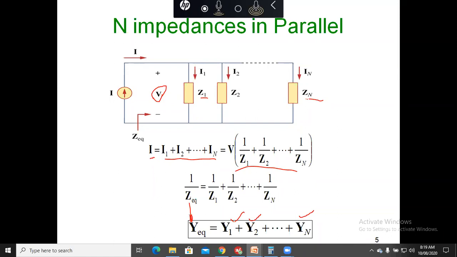So we can take the admittance because it is easy to solve the parallel network with admittance. If we take the admittance, it is very easy to solve the network, right? So that is the reciprocal of the impedance.